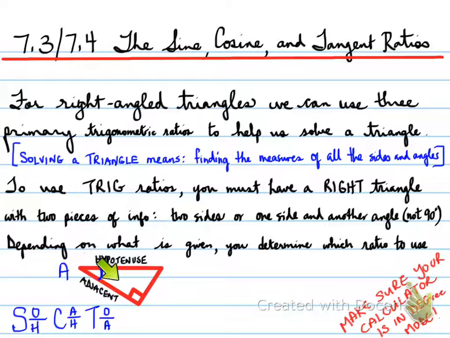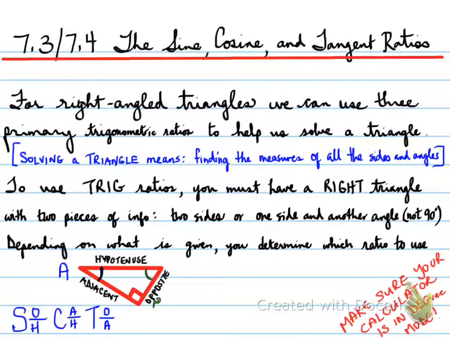Wait, remember that the right angle points to the hypotenuse. That already has a special name. So, what is the third side known as? Well, it is directly across from A. And that means that that is the opposite side. So it is opposite the angle that we're looking at. Because of that, we can set up our ratios.